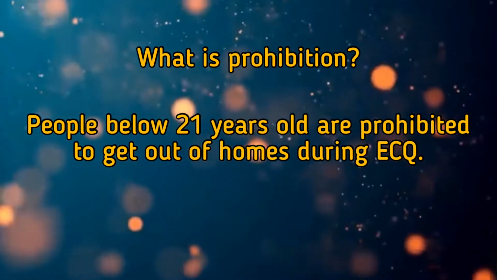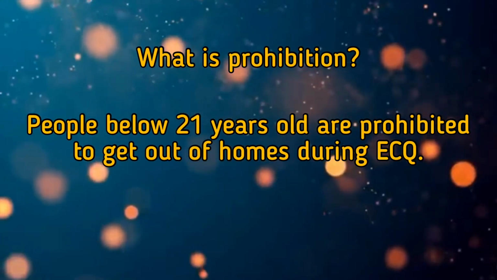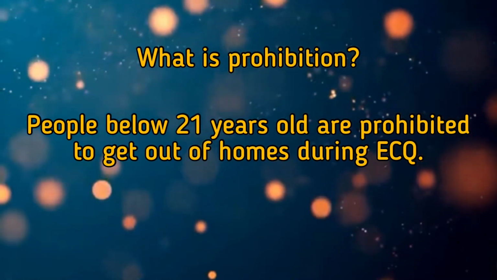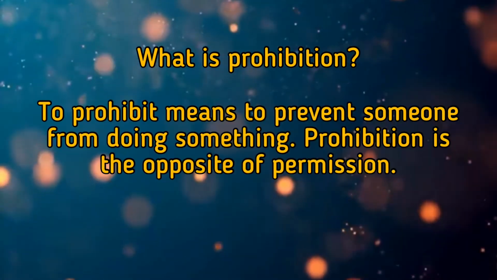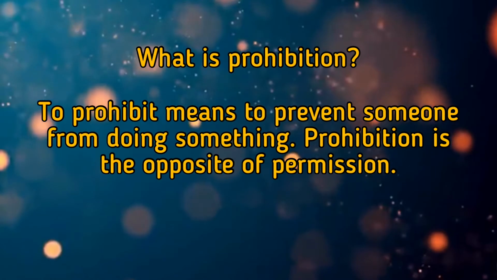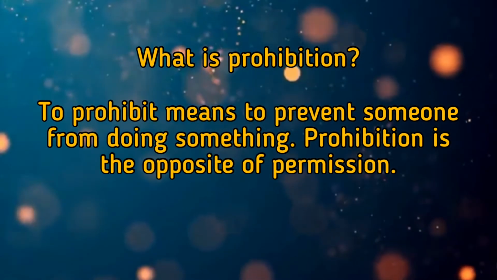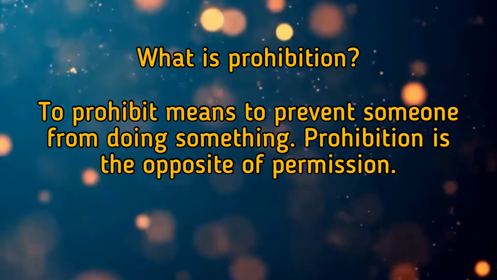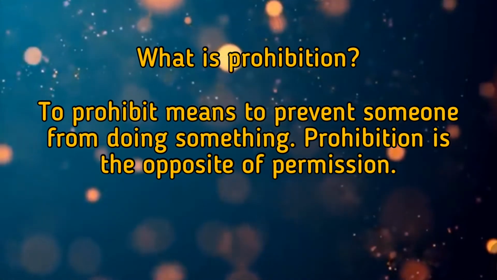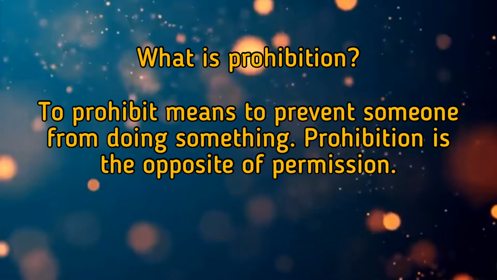Based on the sentence, what therefore is the meaning of prohibit? That's correct. Prohibit means to prevent someone from doing something. The word prohibition is the opposite of the word permission. Am I clear? That's nice!